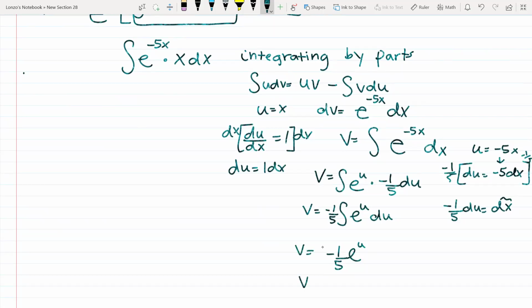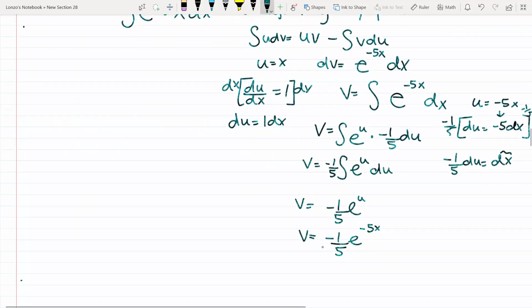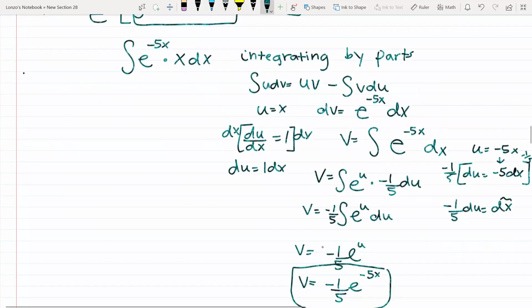So your v value is negative 1/5 e to the u, which is negative 5x. Okay, so that is my v. Maybe I should circle it, but that's not our answer. And we're still doing integration by parts. So it's uv minus integration of v du.